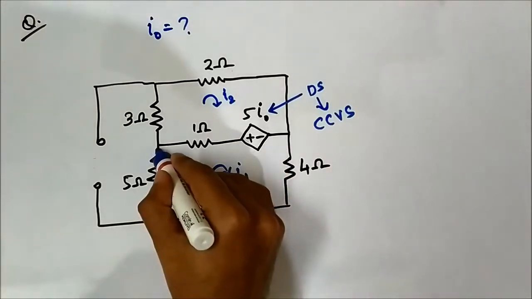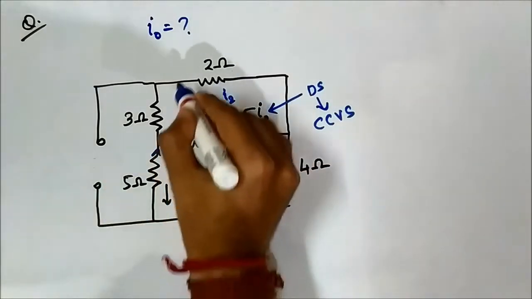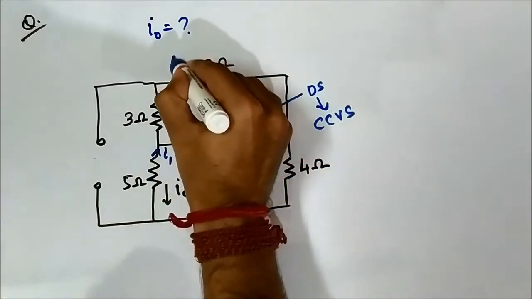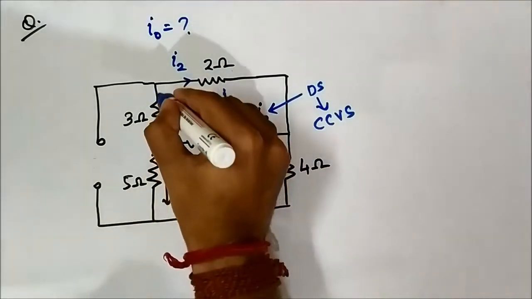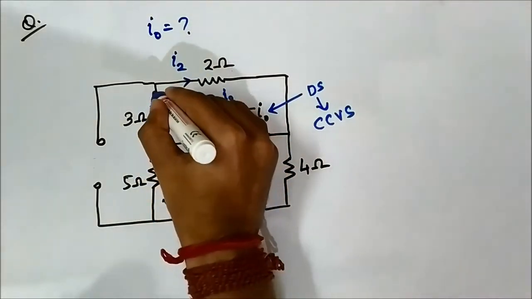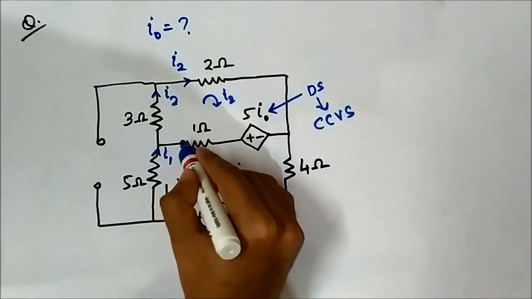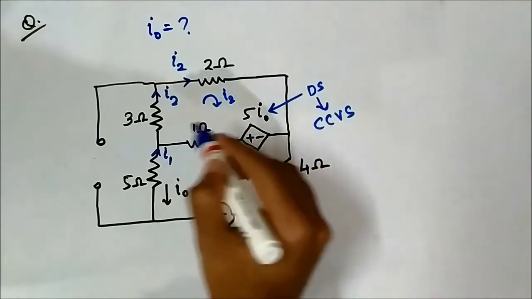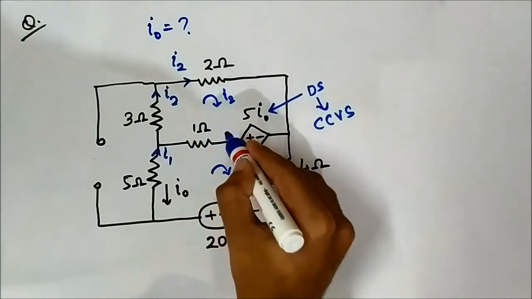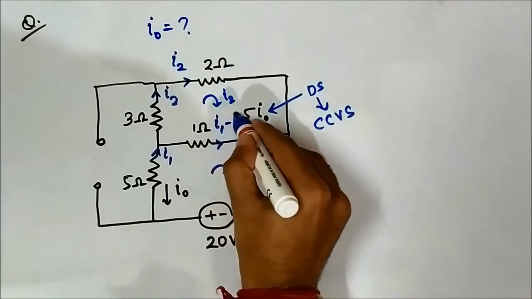This is I1, this here is I2, and this is also here I2. This we can either write I1 minus I2 or I2 minus I1 depending on whichever direction you want to take. So I am taking this as I1 minus I2.